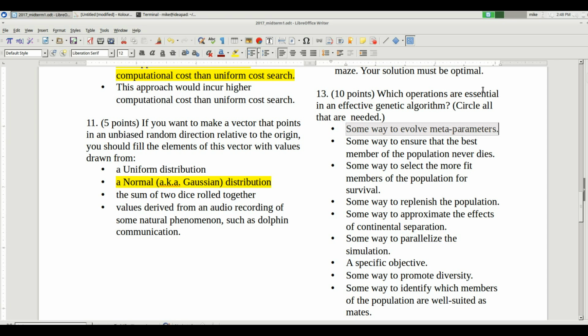Do you need in a way to evolve metaparameters? No, I demonstrated for you that it works without that. So I think it's pretty clear that's not necessary. Is it a good idea? I think it is. At least it is in some situations. People who tried it with and without in this problem or in the homework assignment seemed to find that it didn't actually buy them anything.